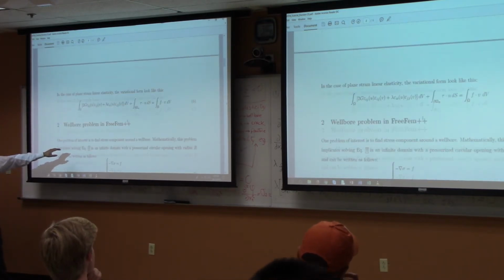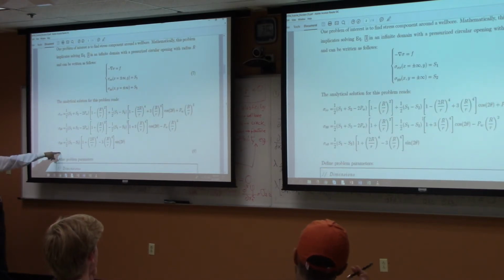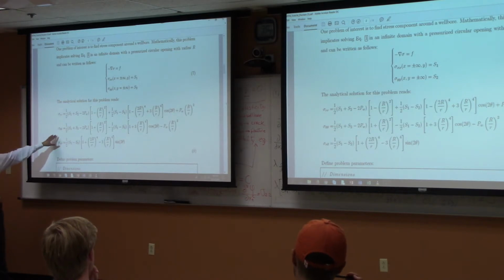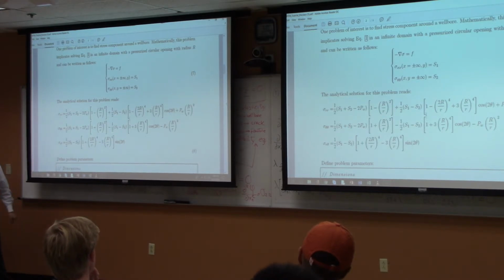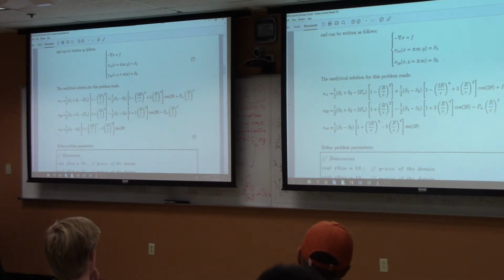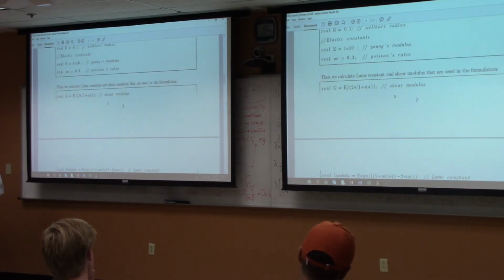But if you go a little bit lower, here you have the analytical solutions for the stresses around a cavity. Okay? And with these equations, you can start solving the problem, at least the analytical part. And these are the so-called Kirsch equations. And later, you're going to have to solve that numerically.